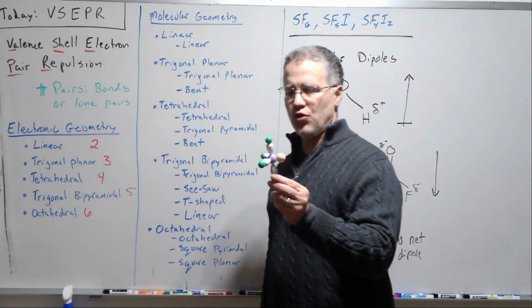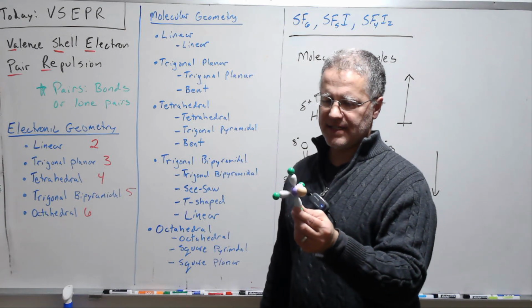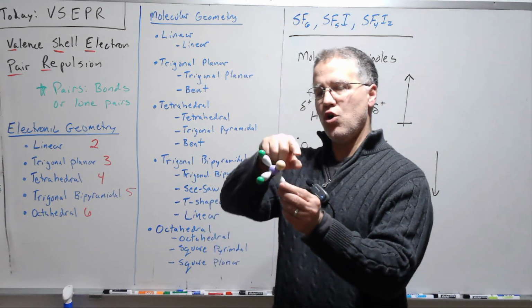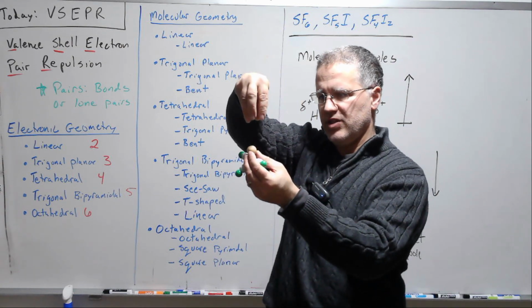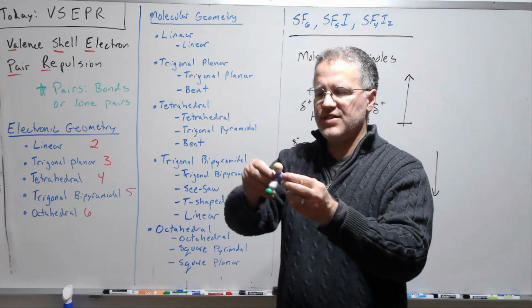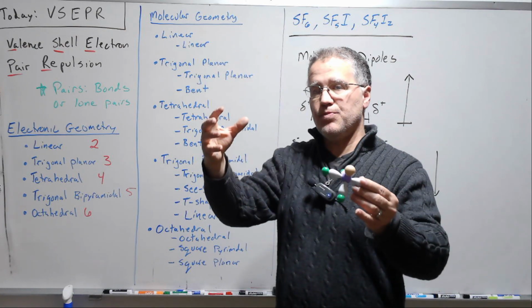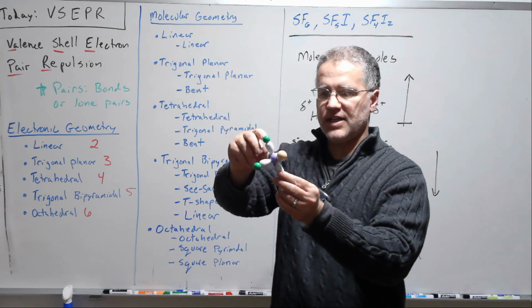Now, we have a bit of a choice here, and this brings up an important topic. The lone pair, because there's not a counter nucleus, a positive charge, sucking in some of that electron density, takes up more space than the corresponding bonding electrons.